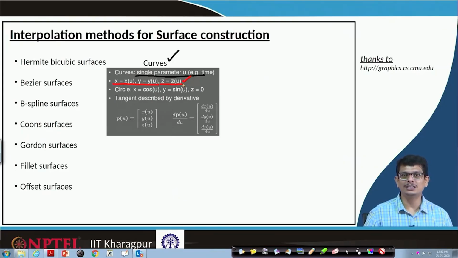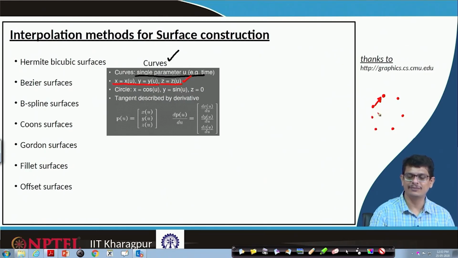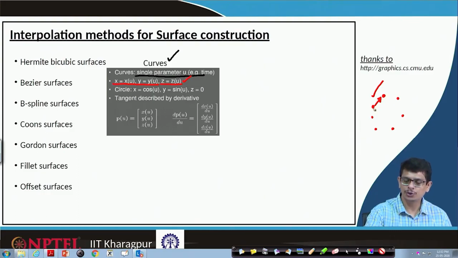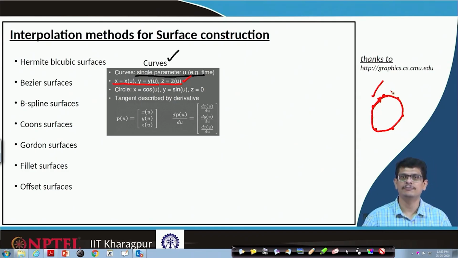Now I would like to construct a curve. I have to join these data points, that means moving from one point to the other, I need to know how the tangent looks. This is the first data point. Unless I know the tangent information, I do not know where exactly the third, fourth, fifth, sixth, seventh points are present. So, all the time I need the point information and the tangent information, so that I can sweep in the next direction to represent a curve which can be fit in a smooth way, like a circle.